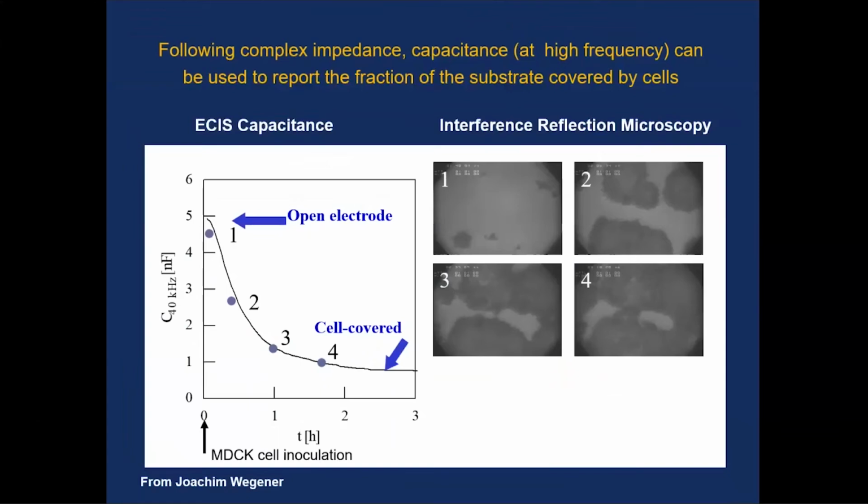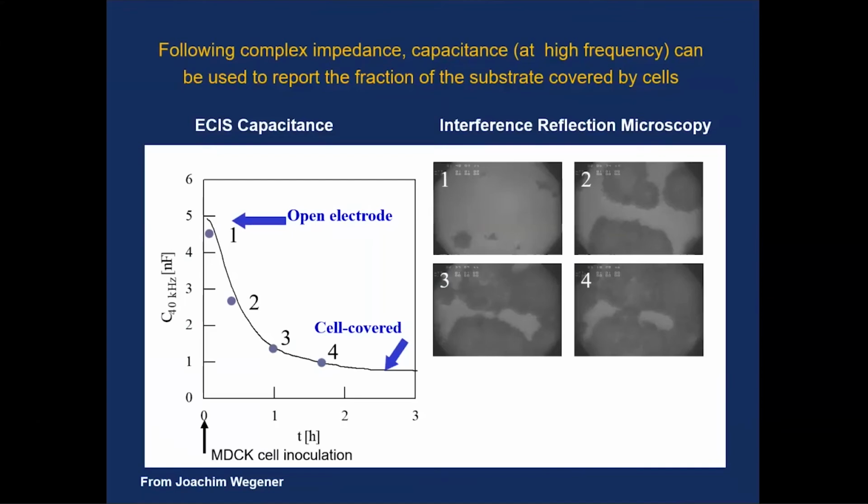The beauty of using capacitance is shown in this slide. Here we're seeing the capacitance decreasing upon MDCK cell inoculation. And again, we're adding enough cells to go to confluence upon attachment and spreading. At the 4 different time points, the cells have been looked at with interference reflection microscopy to monitor the degree of cell coverage.